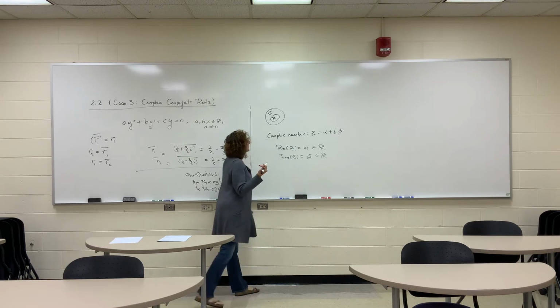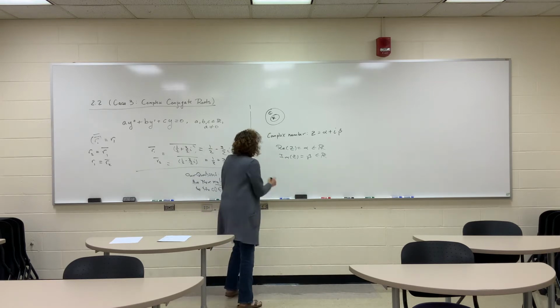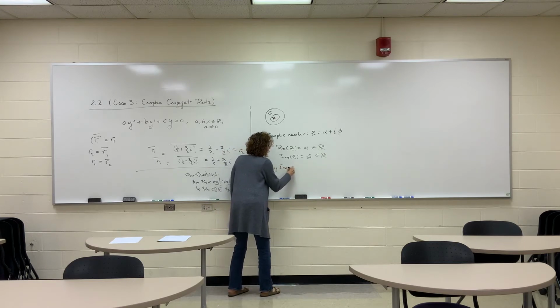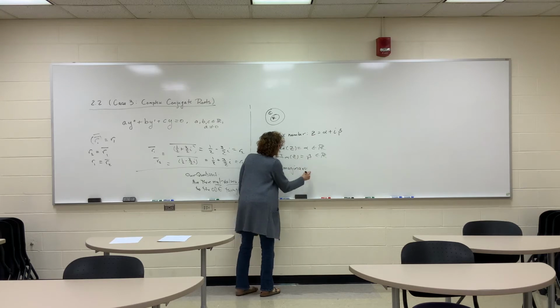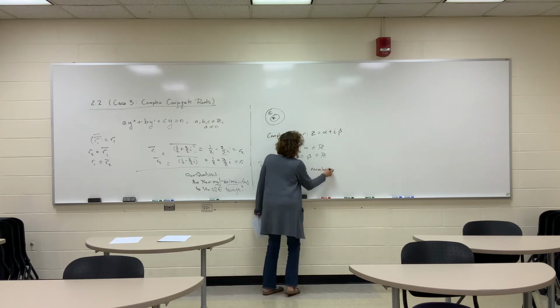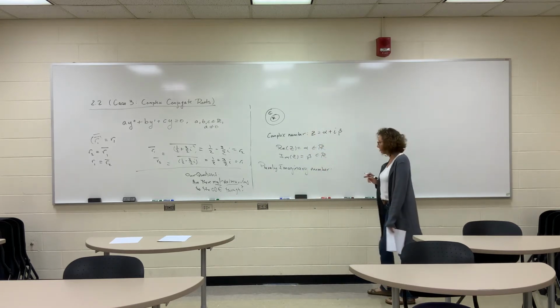We often say i is the square root of -1, okay? So a purely imaginary number, as opposed to a general complex number, would have a 0 real part, right?